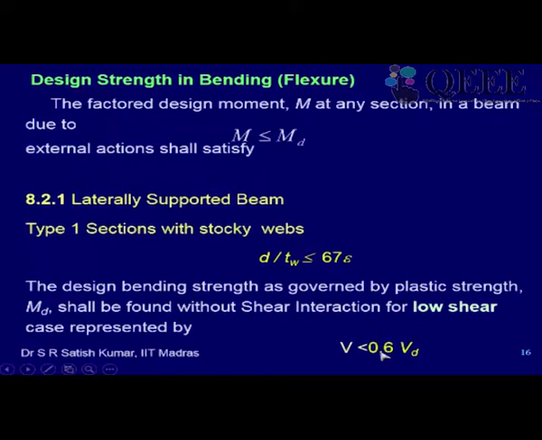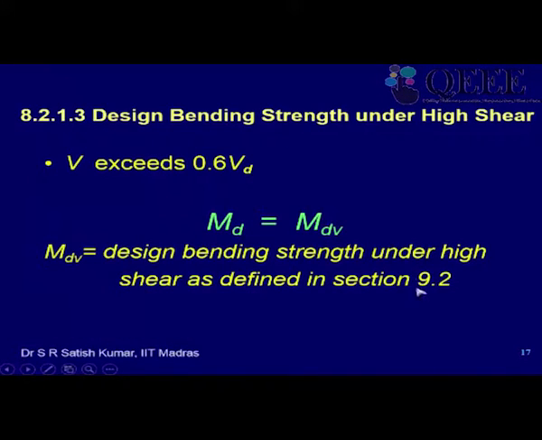This is true for most beams, unless you have a cantilever where bending and shear come at the same section and the span is small. Then you will have fairly high shear where the bending is. For the low shear case, you don't have to use this. Otherwise, high shear means you have to go to section 9.2 of the code.